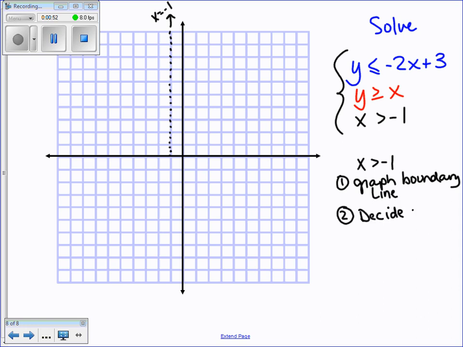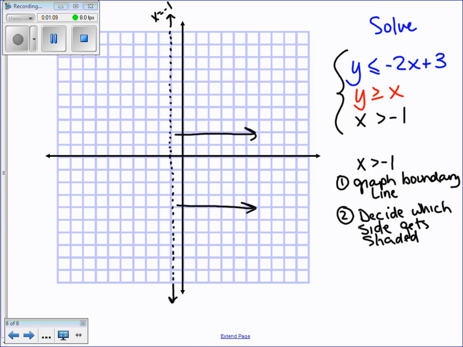In this case, it's pretty easy to see which side gets shaded, because it's the numbers greater than negative 1. So here's the whole boundary line of x equals negative 1, and these are all of the values greater than negative 1.